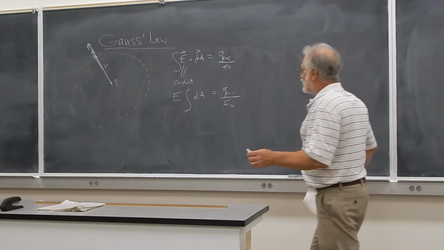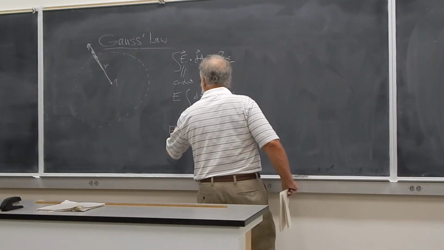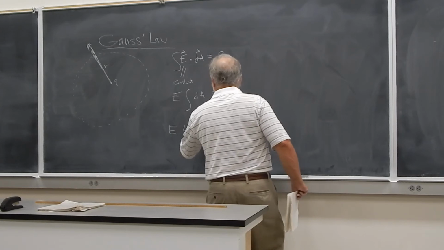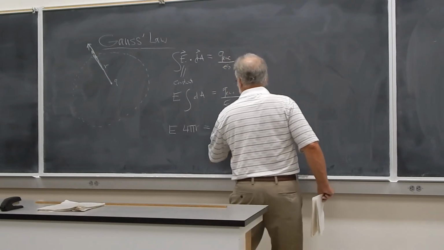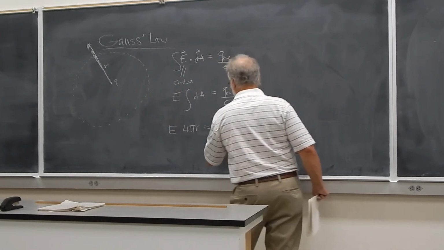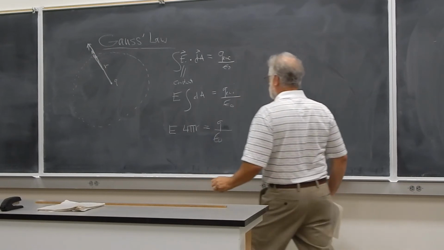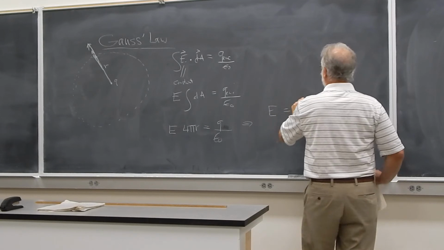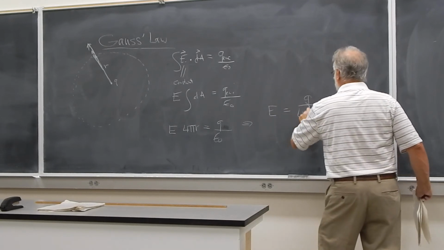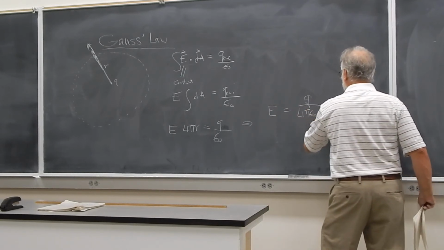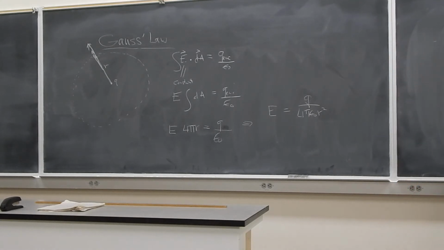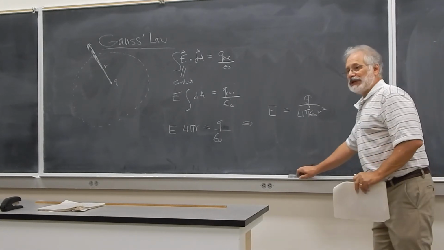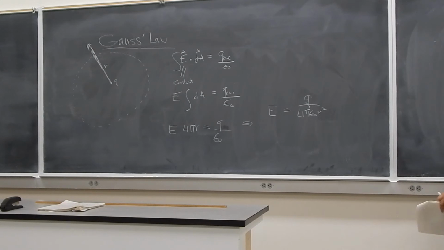Well, for a sphere, that's just 4 pi r squared. And the charge that's enclosed is just this point charge Q. So I divide by epsilon naught. And then, of course, my electric field is simply, as we expect, Q over 4 pi epsilon naught r squared. That's the simplest example of how to use Gauss's law. We'll do a number of others that are a little bit more fun.